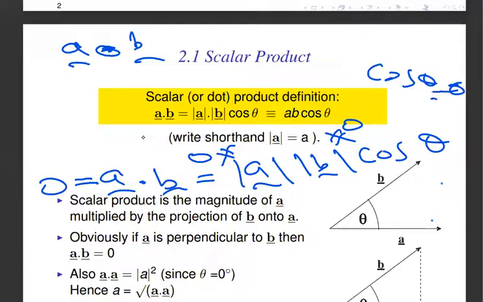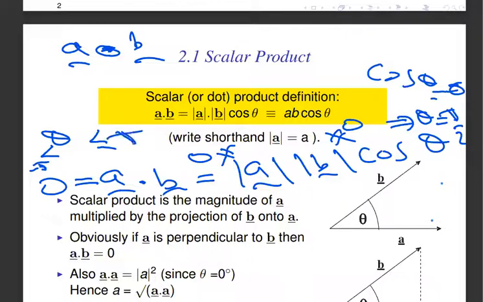That means theta is equal to pi over 2. Here theta is in between minus pi and plus pi, right?